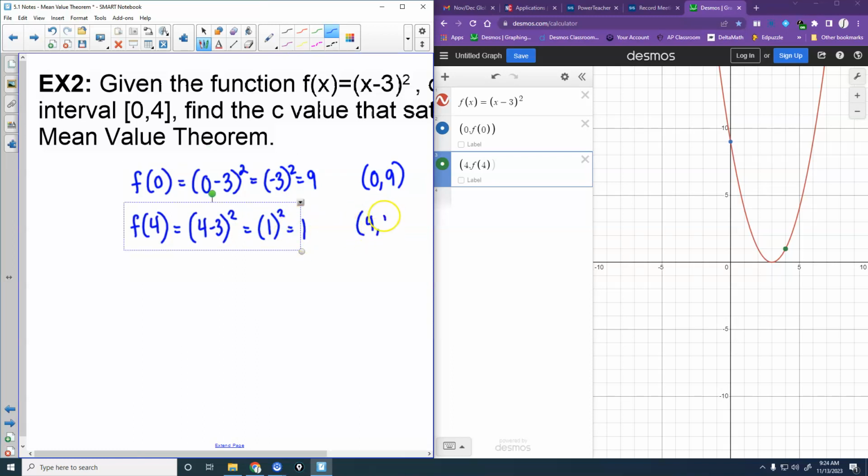So I have the point (4, 1). Our average rate of change of f on 0 to 4 is just the slope between those two points. So we do 1 minus 9 over 4 minus 0, which gives us negative 8 over 4, which is negative 2.